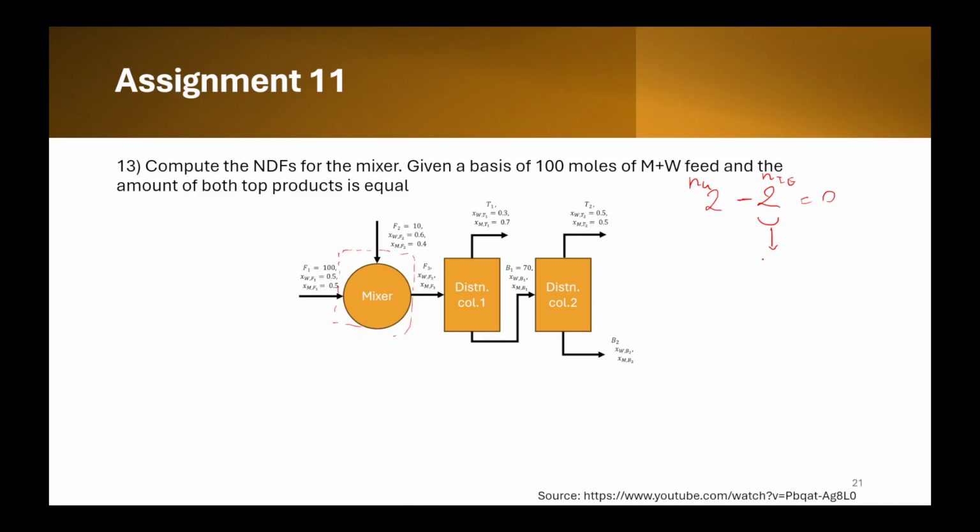So material balance equations are basically three equations, but only two will be considered because one of them is dependent on the other two. So you only consider two equations. Okay. So you get the number of degrees of freedom for the mixer as 0.